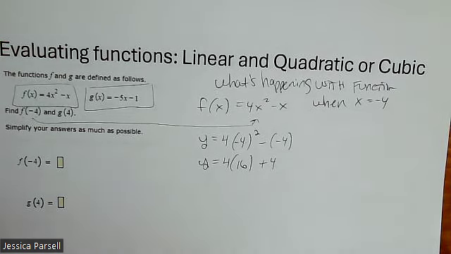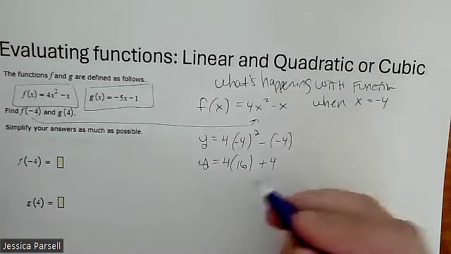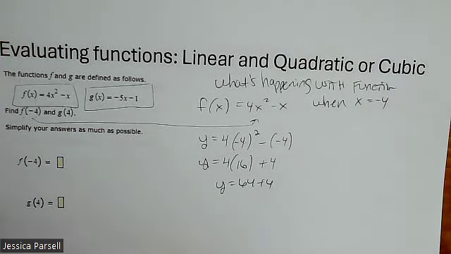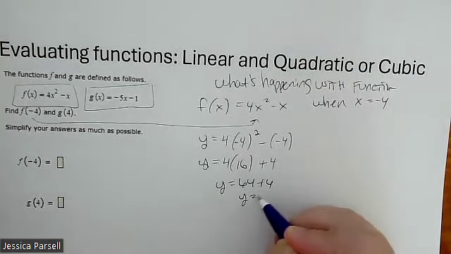So I'm going to grab my little calculator here because I don't want to make a mistake if I don't need to. So 4 times 16 is going to be 64 plus 4. So that's going to mean y is equal to 68.